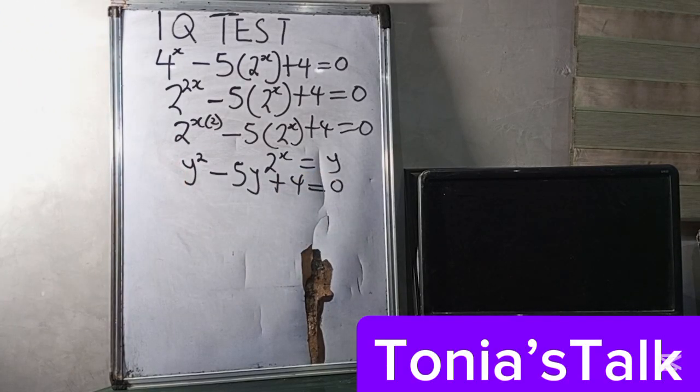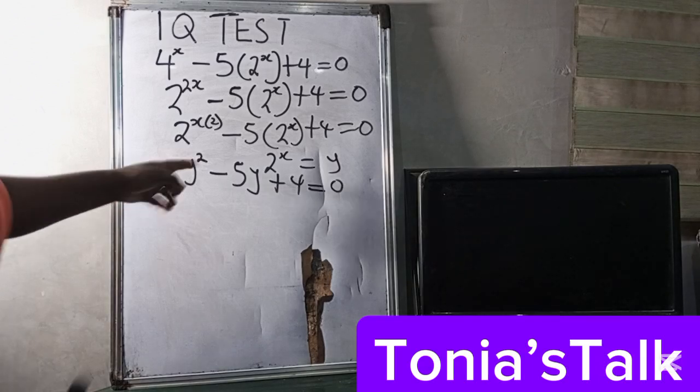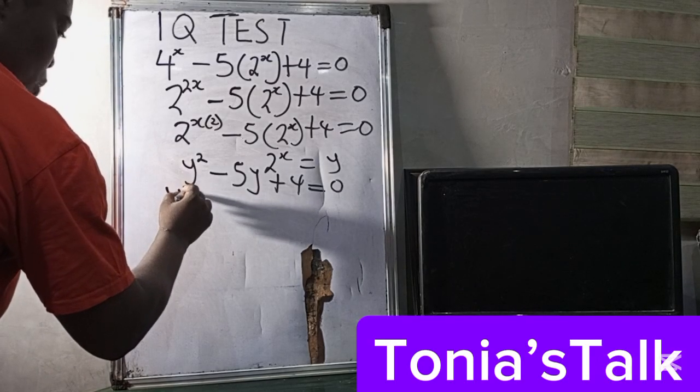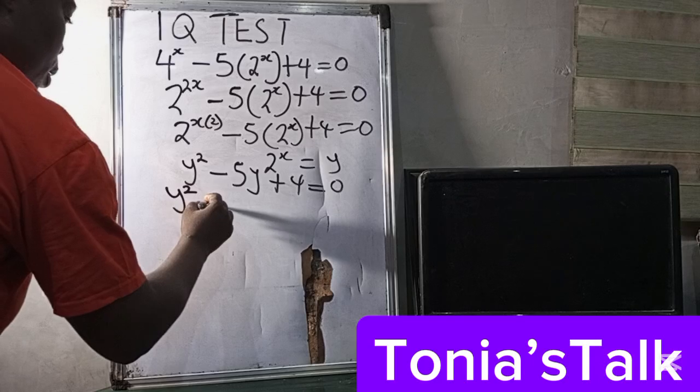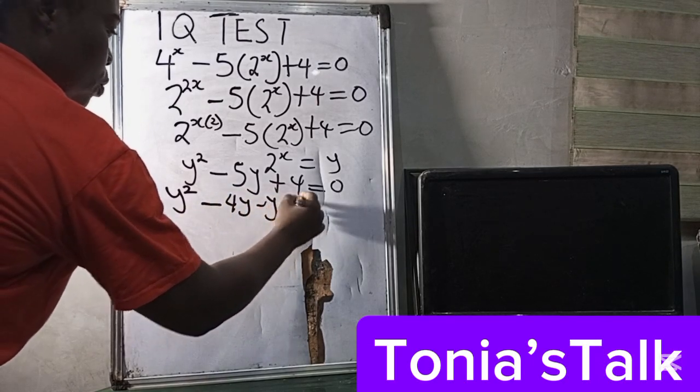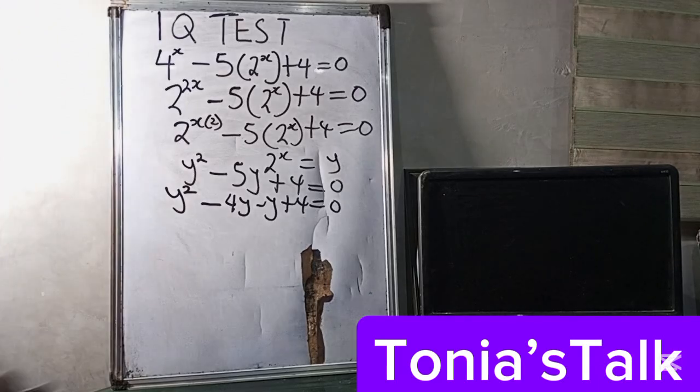So he has given us a quadratic equation. What you do here is to factorize. This type of quadratic equation is factorizable. So if you factorize here, you are going to have y raised to power 2 or y squared minus 4y minus y plus 4 equal to 0.